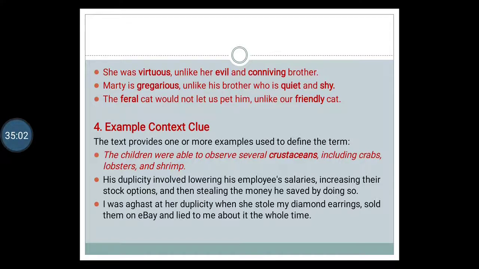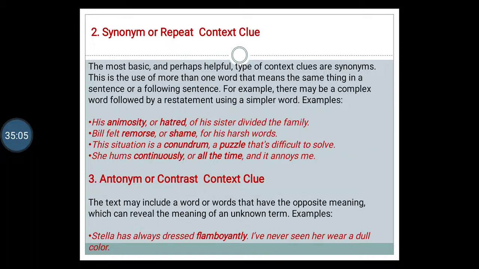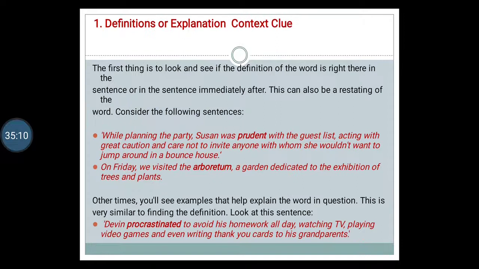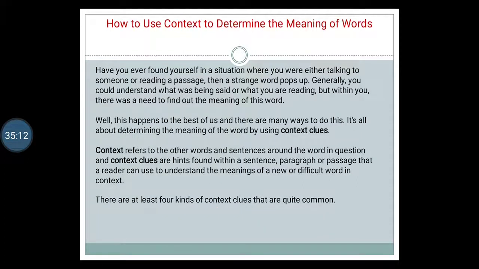Okay, so we've come to the end of the lesson. Just a quick recap. When we are looking for words in contexts, we're looking for words in their various meanings in a particular way that the word was used or is being used in a passage. Sometimes these words could mean different things depending on the context in which they were used.